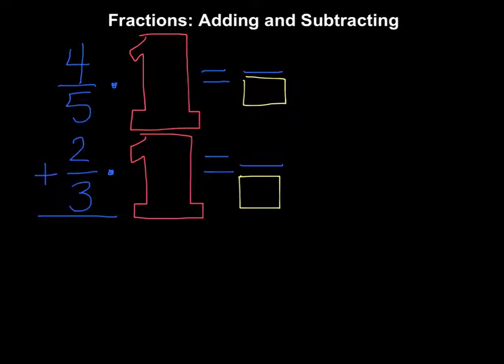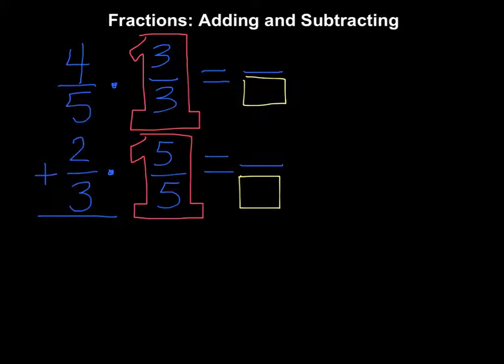Now the easiest way to do this is just to take this denominator and put it up here, take this denominator, put it down there, because 5 times 3 will be the same thing as 3 times 5. So I'm going to do 3 over 3 up here, 5 over 5 down there.